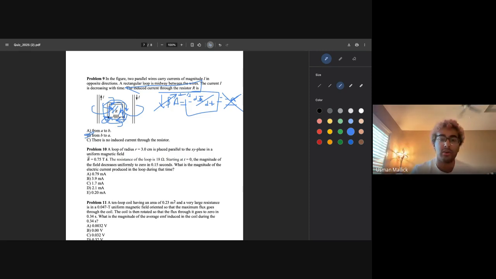I was saying, oh, nature abhors changes in magnetic flux. It's going to want to create a magnetic flux in that direction.